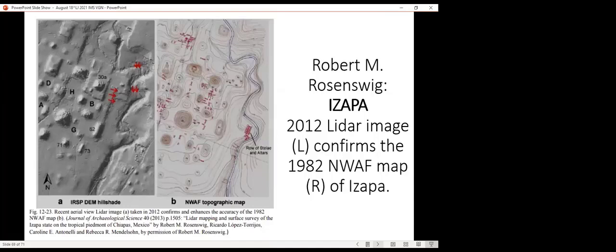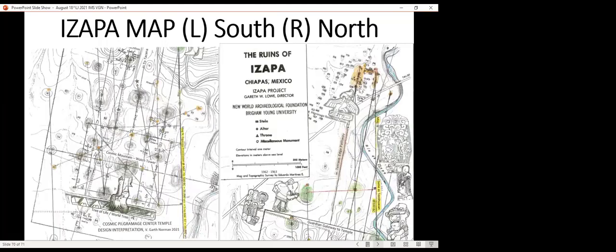This illustrates the Rosenzweig's LiDAR survey that documented the accuracy of the NWF map. This would be a Zapa map, and here in some detail as well.